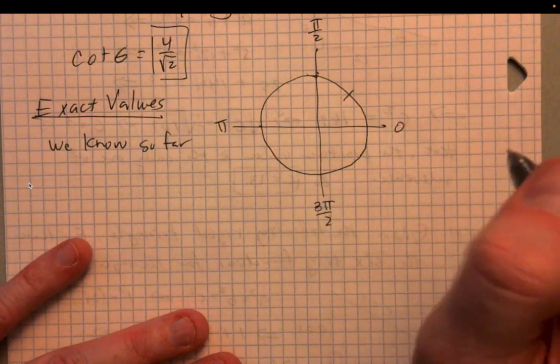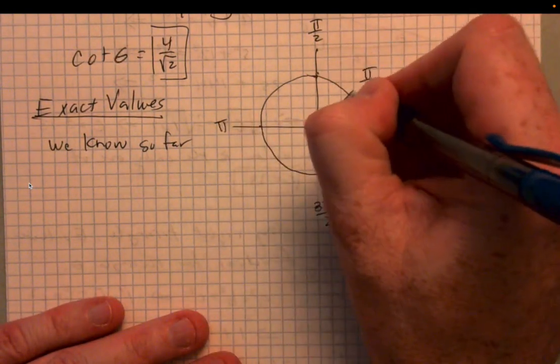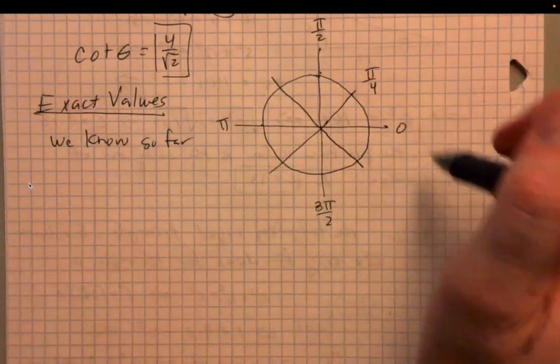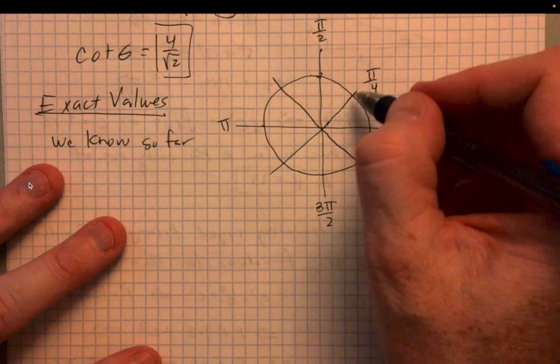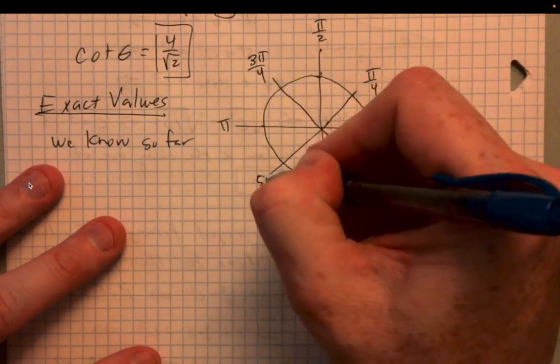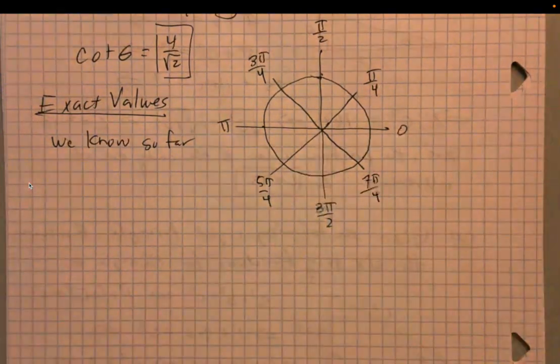We also looked at pi over 4, right, so this guy here, and then by extension I said you could go ahead and figure out the others, so this would be 3 pi over 4, 5 pi over 4, and 7 pi over 4. We figured out all of those.